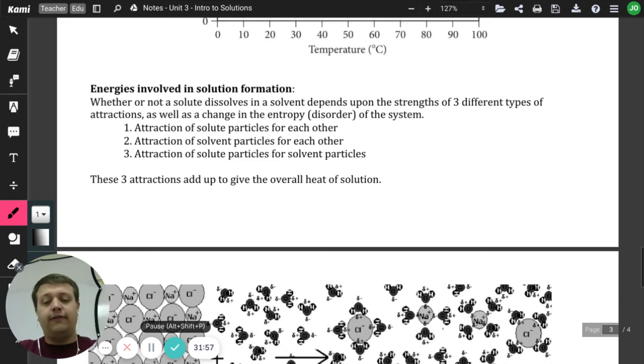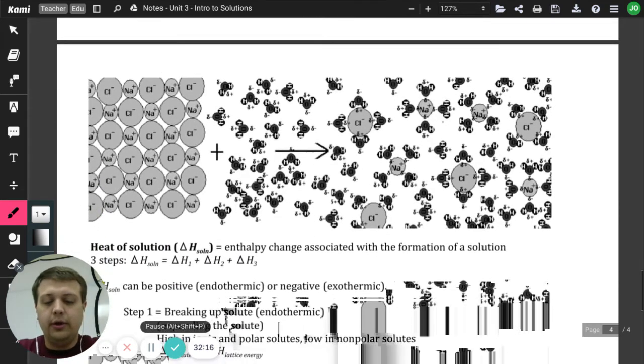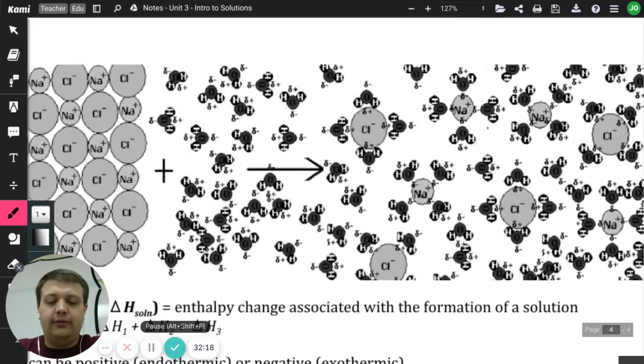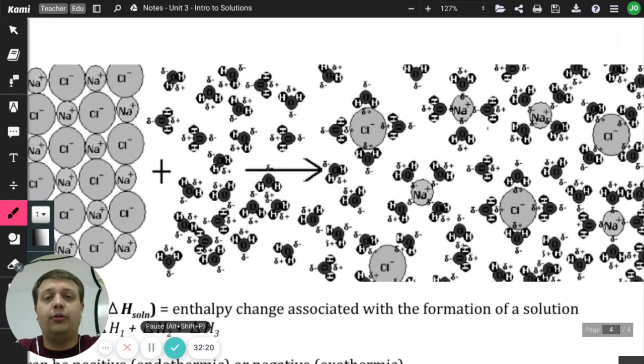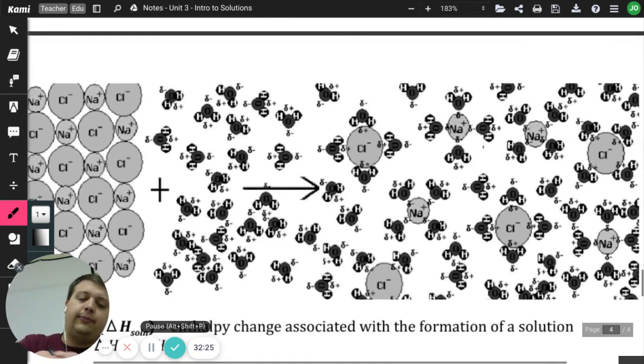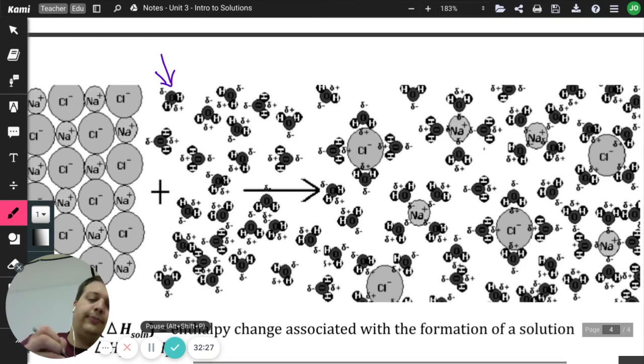Essentially all of these have to come together to get what we call a heat of solution. This is either going to be a release of heat, a release of energy, or an addition of heat, an addition of energy. So we're either absorbing energy or releasing energy. Looking at this, again, this is just a visual representation. This is called a particulate diagram. I've got my water. So these are my waters.